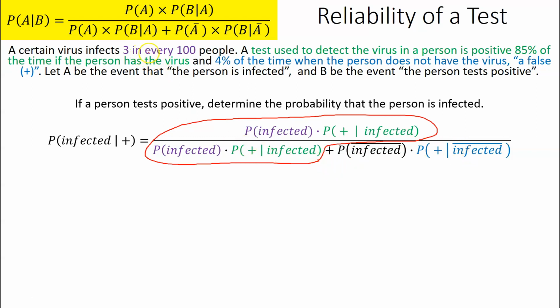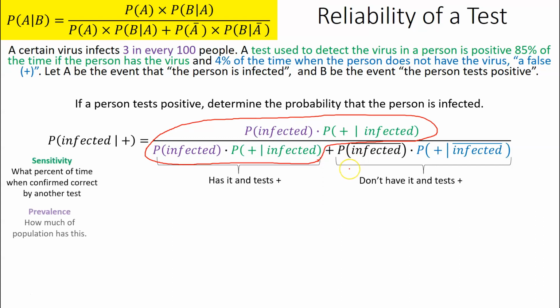Okay, so the 3 out of 100 is going to go here. The 85% or 0.85 is going to go here. Those two things get repeated. Not being infected, well, if 3 out of 100 are infected, then 97 out of 100 will not be infected in a general population. And then it'll be times the probability of a false positive. So that's where my numbers are all going to come from.